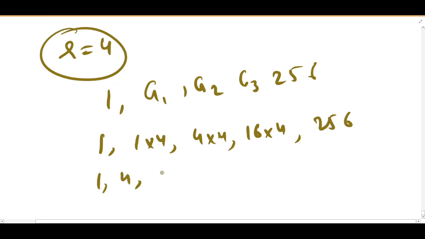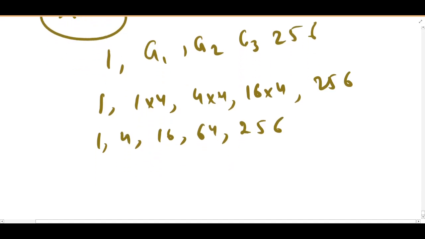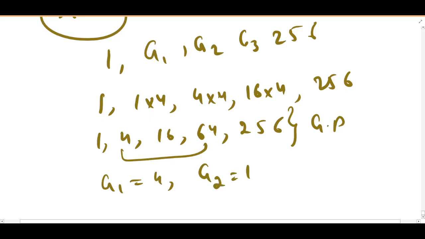So 1, 4, 16, 64, 256. So the resulting sequence is a GP, and G1 is equal to 4, G2 is equal to 16, and G3 is equal to 64. So this is how we can find any number of terms between any two numbers.